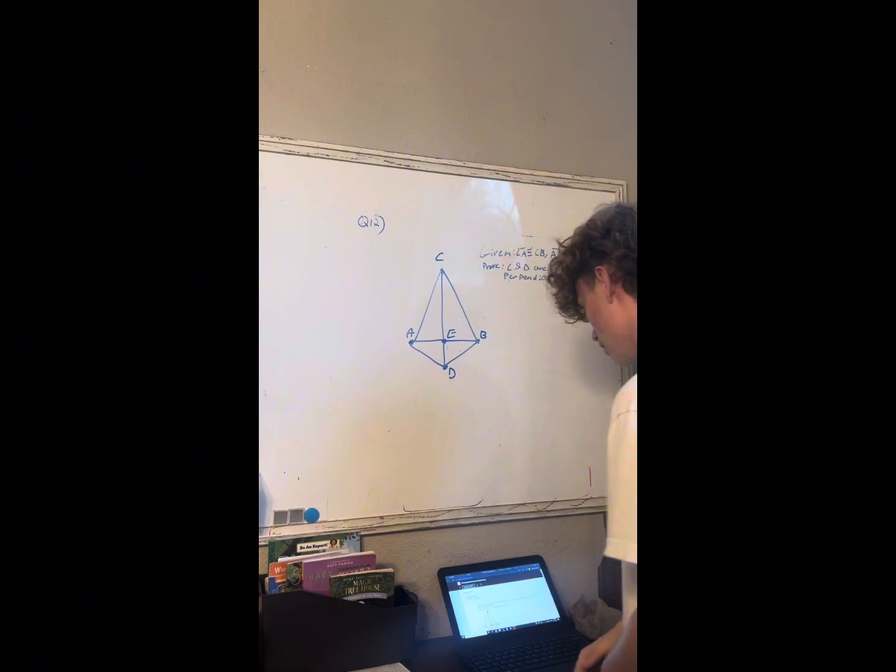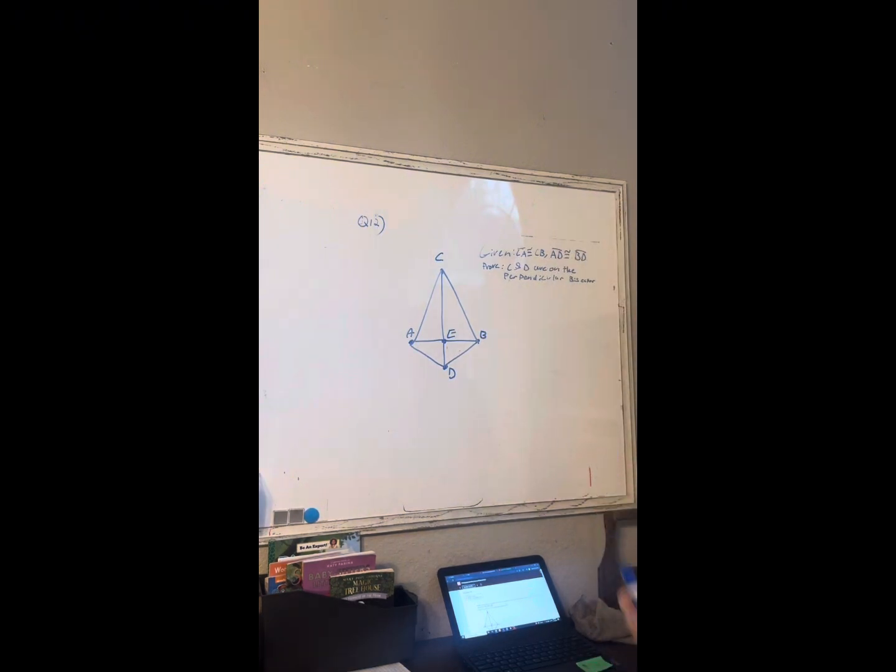All right, so question 12. Use the figure to complete the two-column proof of the converse of the perpendicular bisector theorem, theorem 6.2. So the given is CA is equal to CB, and AD equals BD, okay? And we have to prove C and D are on the perpendicular bisector, okay?